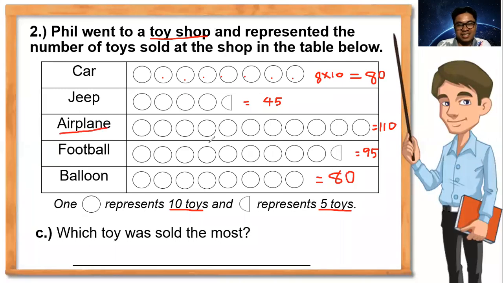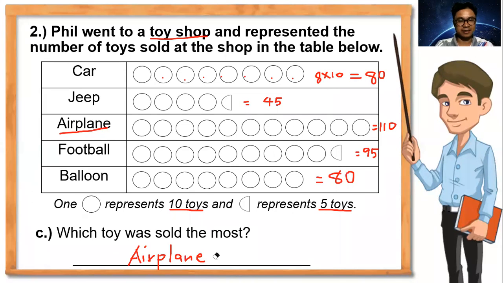The airplane has the greatest number of toys sold. It's an airplane, sold the most. Okay, good.